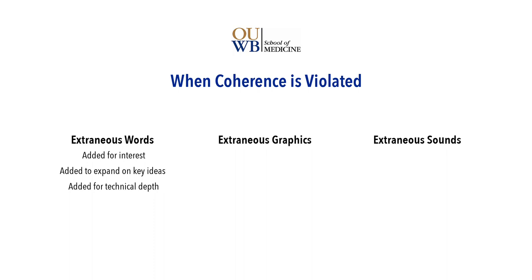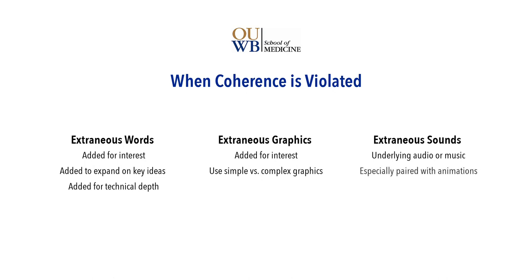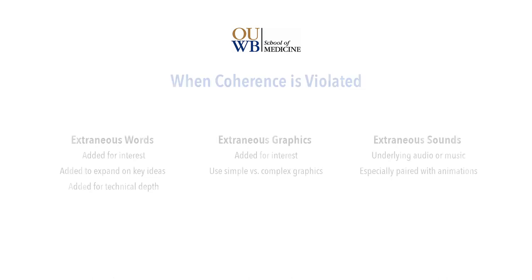Similarly, with regards to extraneous graphics, evidence supports removing graphics that are added purely for interest, and evidence that supports the use of simpler graphics depending on the content, process, or procedure you may be discussing with your students. Finally, extraneous sounds primarily involve the use of underlying audio or music that may detract from learning, particularly when learners are reviewing content that includes narrated animations.